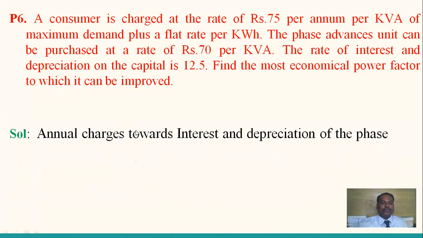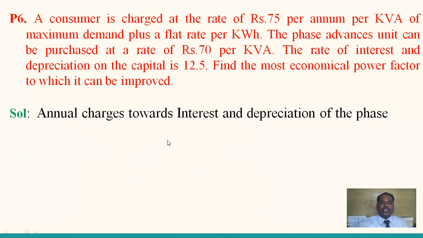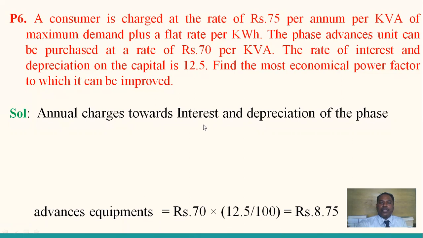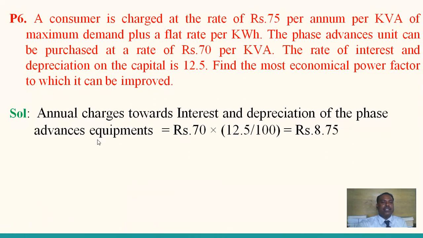Annual charges towards interest and depreciation of the phase advancing equipment, which is 70 rupees with interest of 12.5 percent, is rupees 70 into 12.5 divided by 100, which is equal to rupees 8.75.